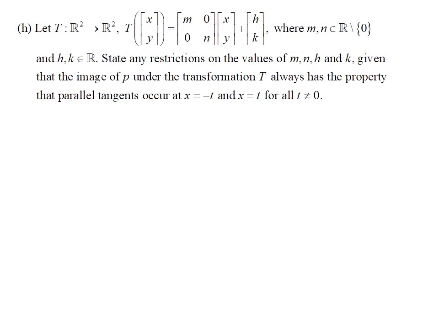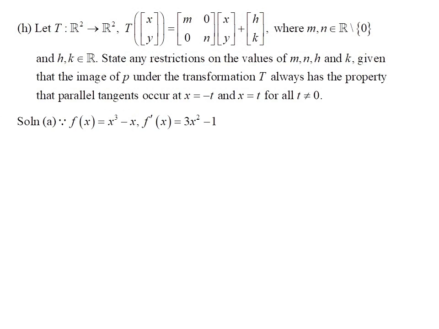The question in part H is to state if there is any restriction on the values of m, n, h, k, given that the image of p of x under the transformation always has the property that parallel tangents occur at x equals negative t and x equals t for all t not equal to 0.